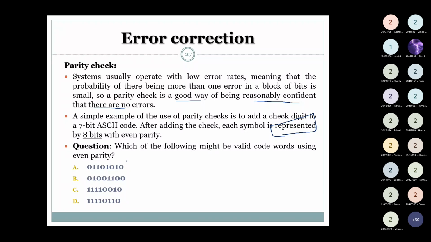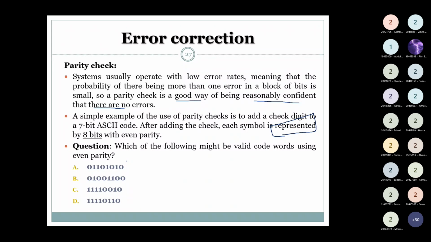For A, is it valid or invalid? How can you answer this question?